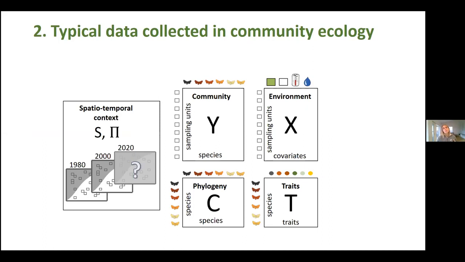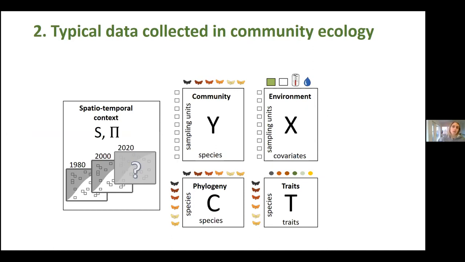So what sort of data will we collect? Well, we usually collect some community data, some species data, which we accompany by environmental data, meaning some environmental conditions which we hypothesize to be important in determining the variation in our focal community.